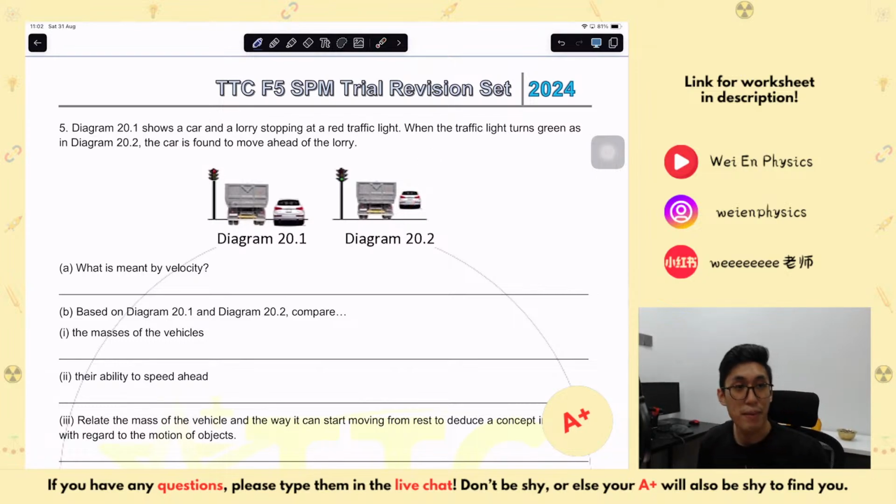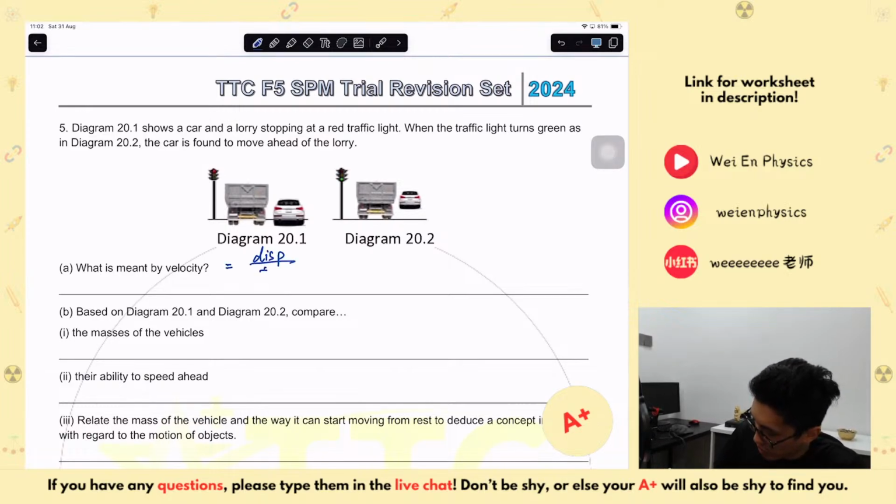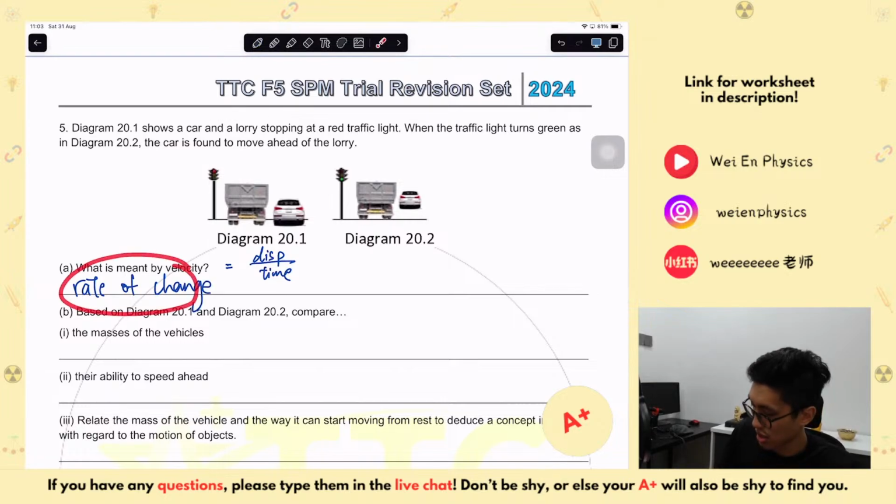What is meant by velocity? Velocity is displacement over time. How to write this in English? Rate of change. This is divided by time. Okay?